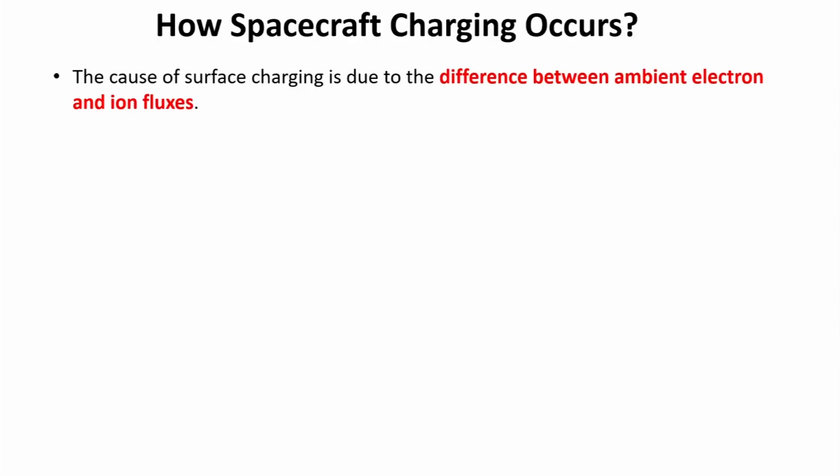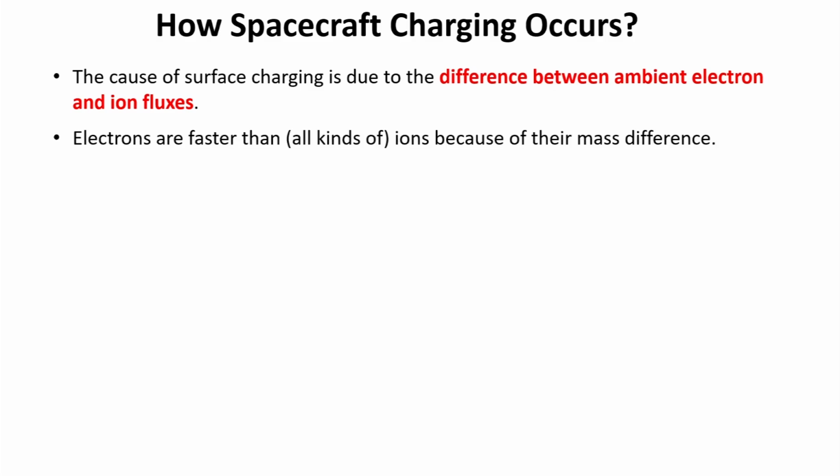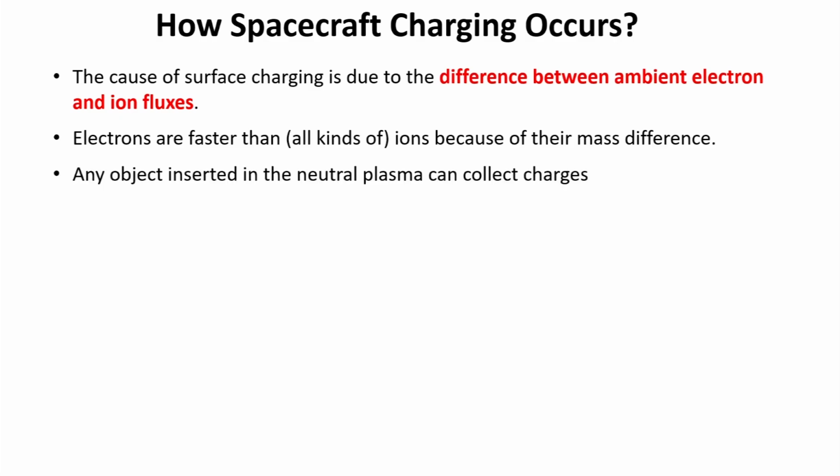Now, let us see how spacecraft charging occurs. It occurs because of the difference between the ambient electron and ion fluxes. This is very important here, and it will be clear when we discuss more. The electrons are faster than all kinds of ions because of their mass difference.